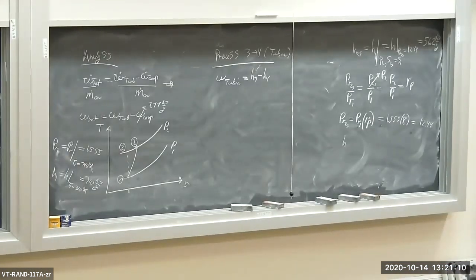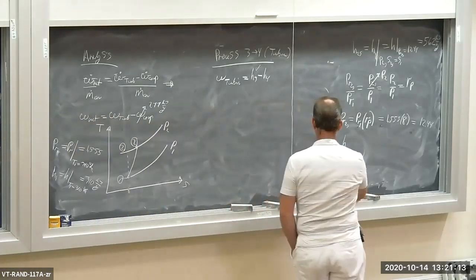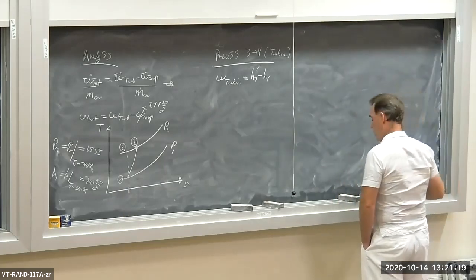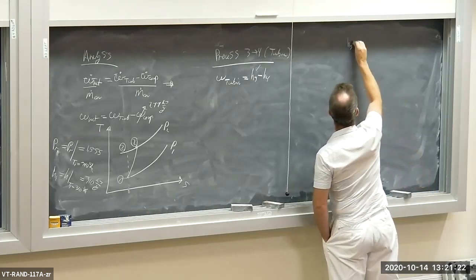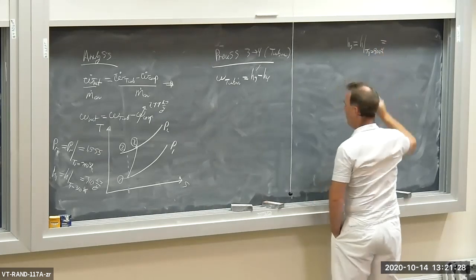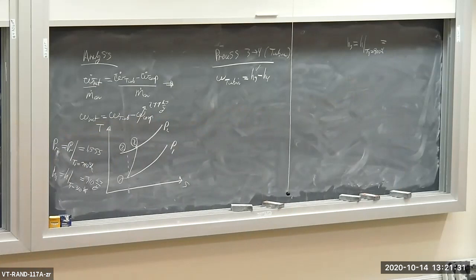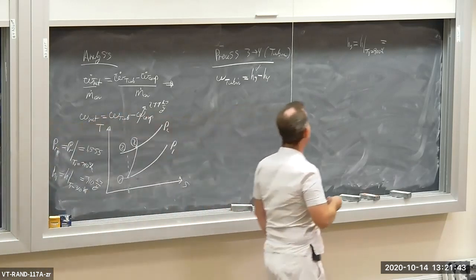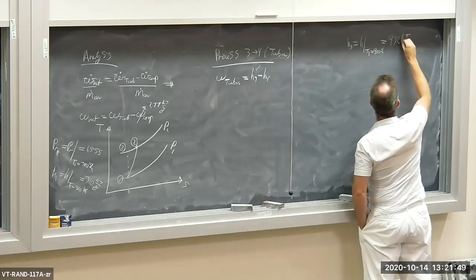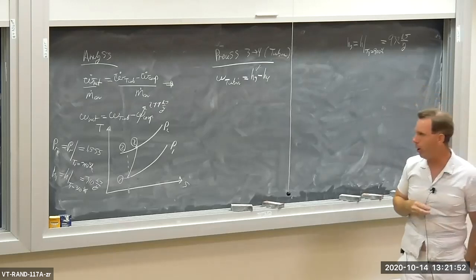So H3 equals H evaluated at T3, 900 degrees Kelvin, and I can crank that out pretty quick from tables. It's 932 kilojoules per kilogram.